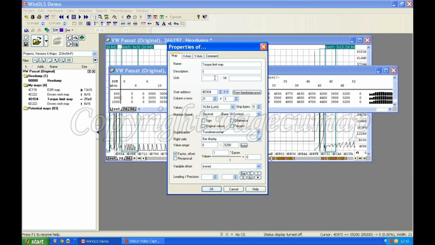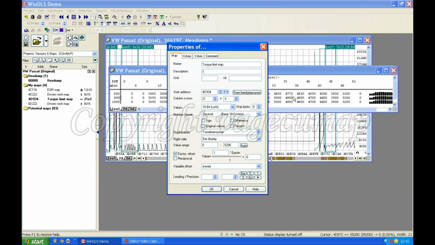it depends what you want to put here at this moment, because the torque limiting map doesn't limit the torque on one of these maps like it would do on some of the newer ECUs. So in other words, on a newer ECU, what you would be limiting would be the torque. So you might actually have figures for torque.